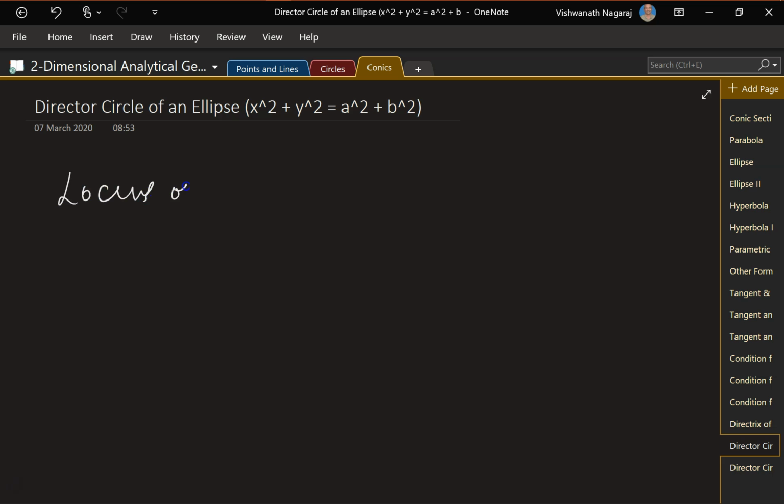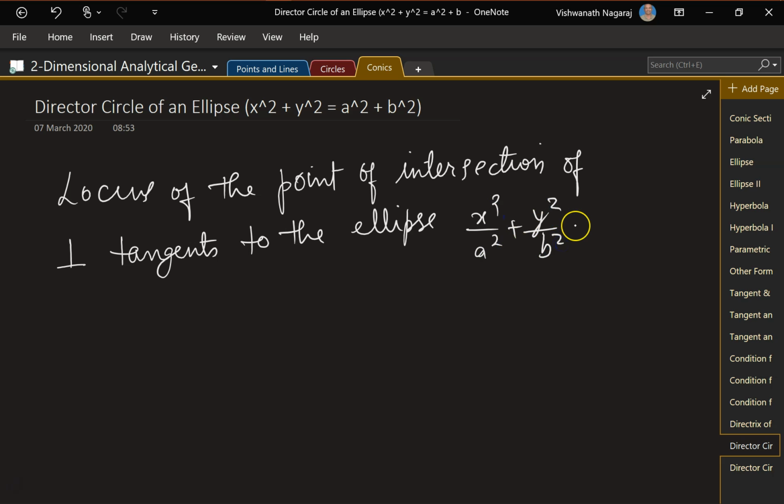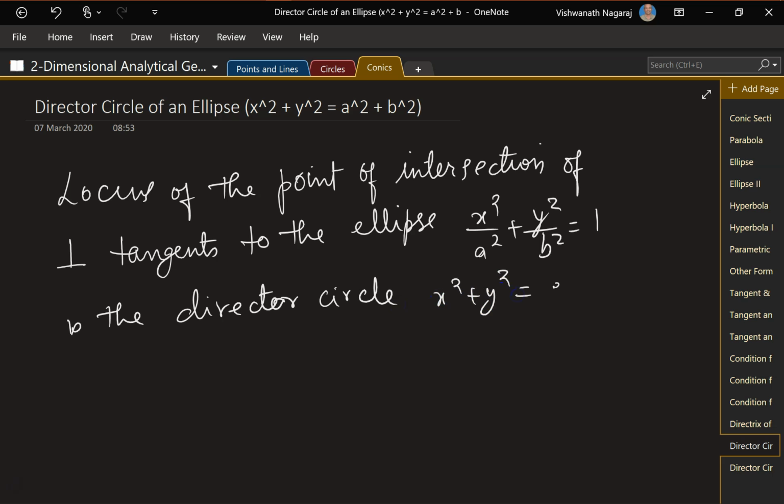The locus of the point of intersection of perpendicular tangents to the ellipse x square by a square plus y square by b square equal to 1 is the director circle given by x square plus y square is equal to a square plus b square.